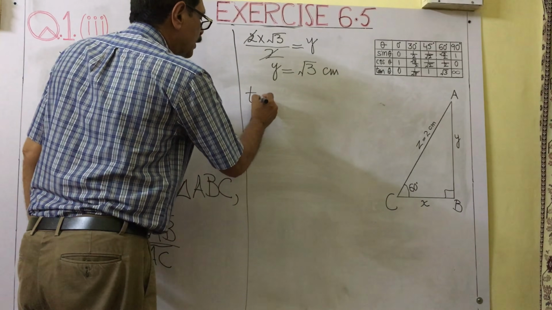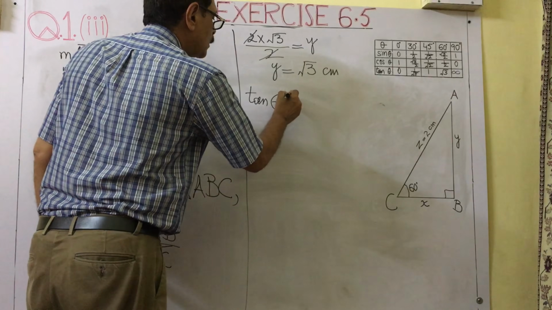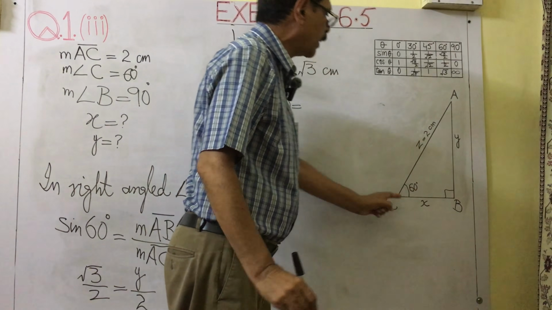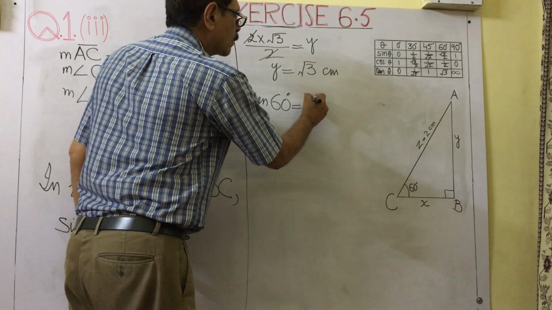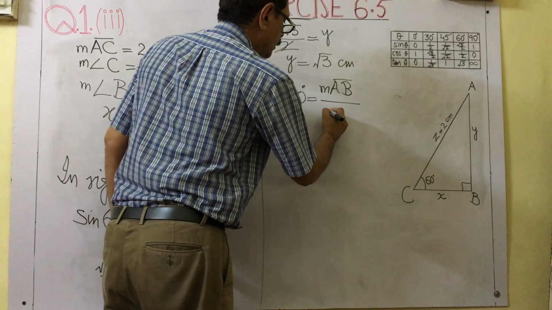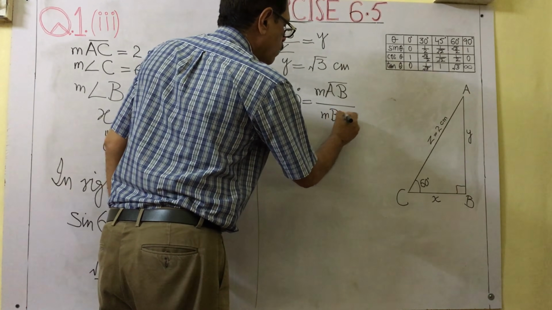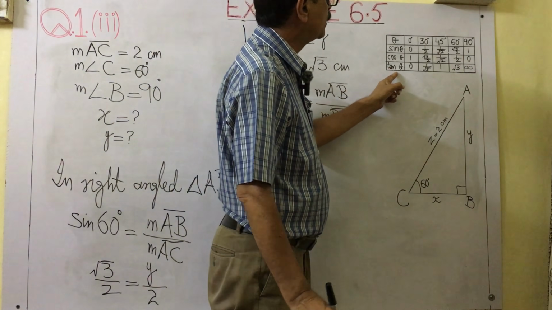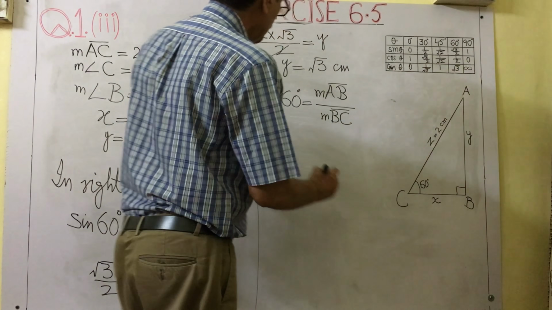Again in right angle triangle ABC, tangent of 60 degrees is equal to perpendicular over base. Tangent of 60 degrees, value is square root of 3.